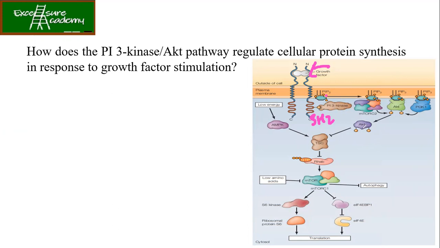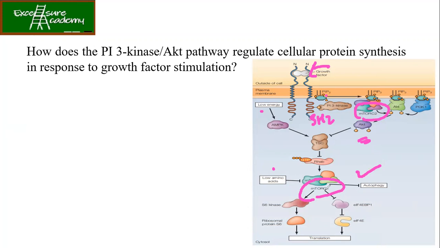But AKT, right? We are talking about AKT over here. Suppose it is low energy and you have low amino acids, you want to increase synthesis. At that time, what will happen? Your mTORC1 gets activated instead of mTORC2, right? So mTORC1 is getting activated.